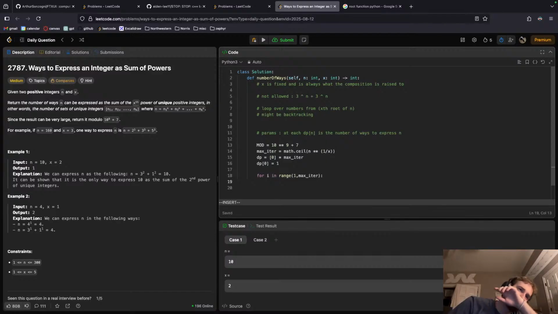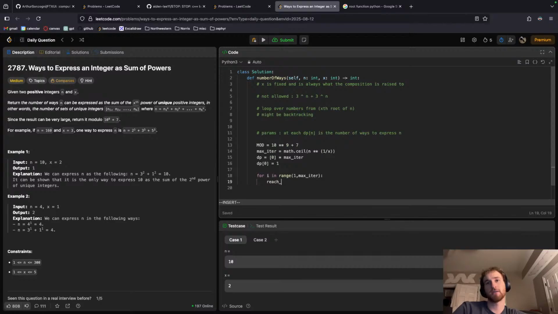So it's essentially like each one we need to calculate. We're reaching back by some amount.